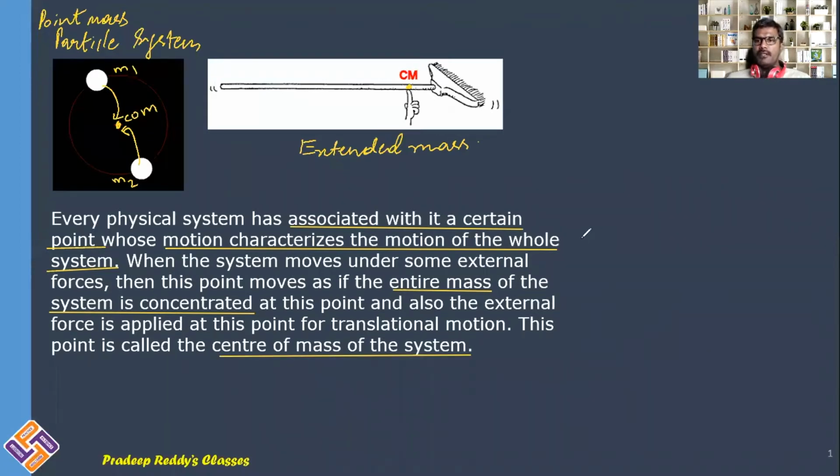Now we will locate center of mass of the system for different point masses.